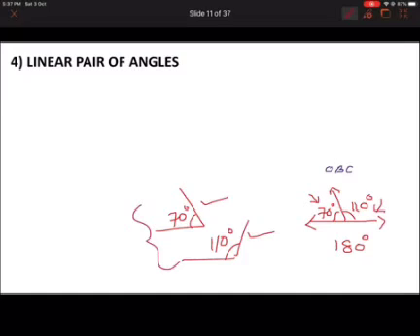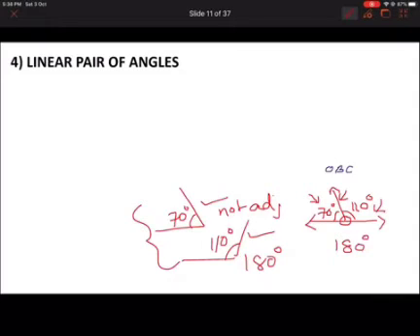But remember, they are not adjacent. Children, please bear in mind. These are supplementary, no doubt, because sum is 180 degrees, but they are not adjacent. What is adjacent? They have to share one vertex and a common arm, is it not?